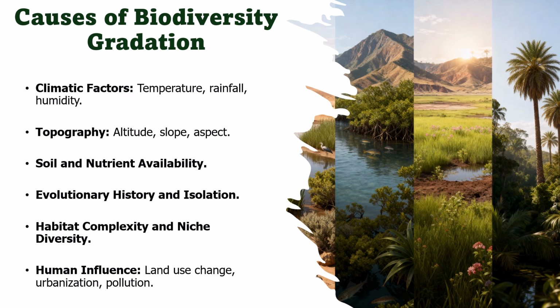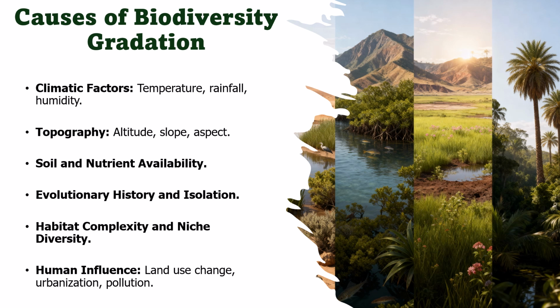Climatic conditions, including temperature, rainfall, and humidity, directly affect species survival and productivity. Topography, such as altitude, slope, and aspect, shapes microclimates and habitats, influencing species distribution. Soil quality and nutrient availability determine the growth and diversity of plant communities, which in turn support animal species.